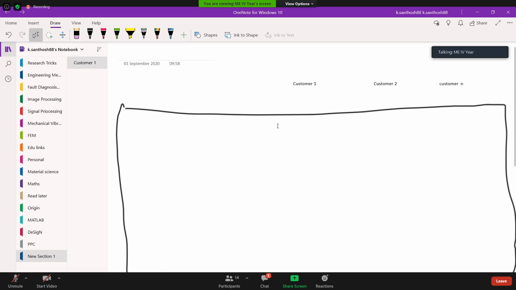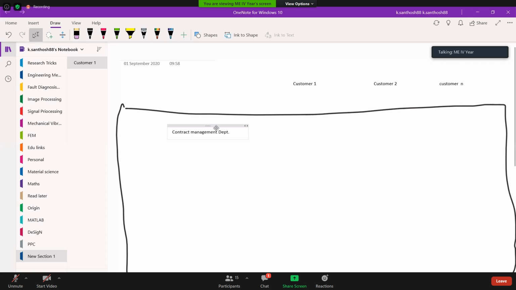Now, every customer cannot be handled by a single person. So for that they will maintain one department, that is the contract management department.